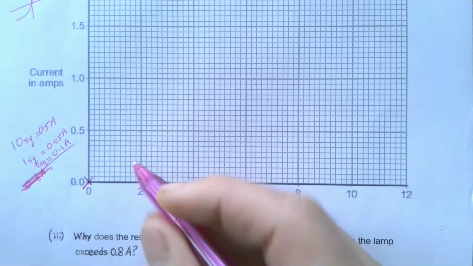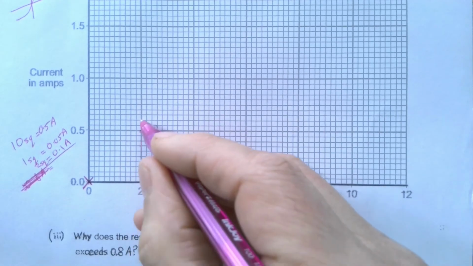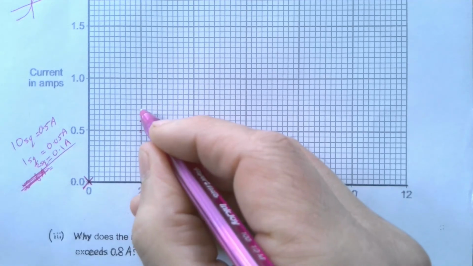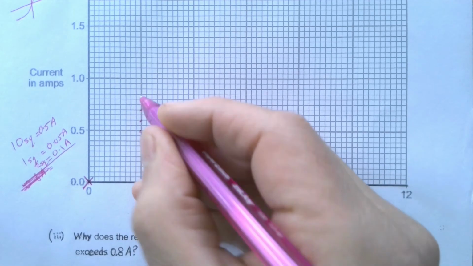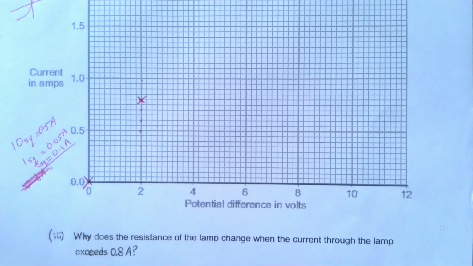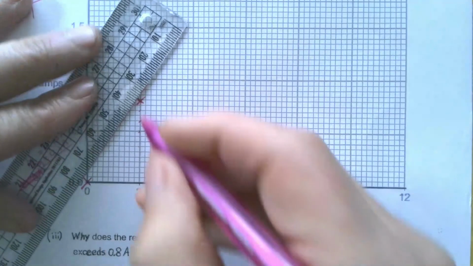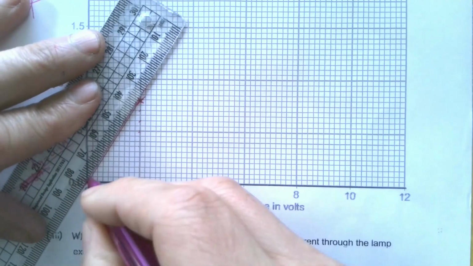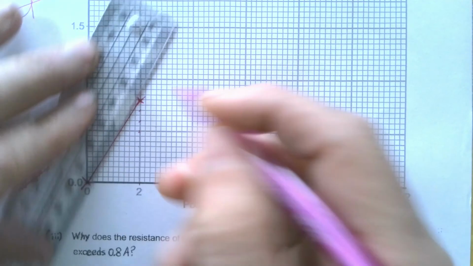So 2 squares is that, so 0.6, 0.7, 0.8, and let me just check, that should be 0.9 and 1. Yeah. Okay, so I know it goes through there as well. So I know the resistance has a constant value of 2.5 ohms between there and there, which means it must be a straight line. So it resembles an ohmic resistor from there to there.